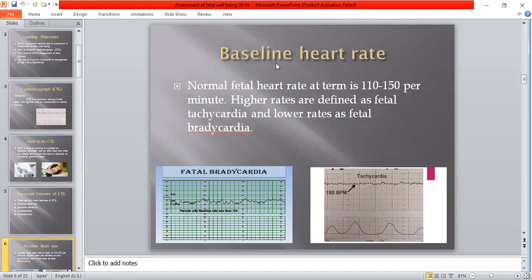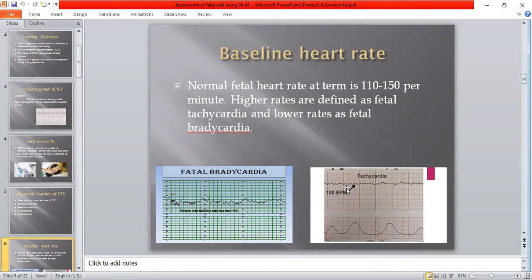First is the baseline heart rate. Normal fetal heart rate at term is 110 to 150 beats per minute. Higher rates are defined as fetal tachycardia, and lower rates, less than 110, are defined as fetal bradycardia. This is a CTG trace showing fetal tachycardia.